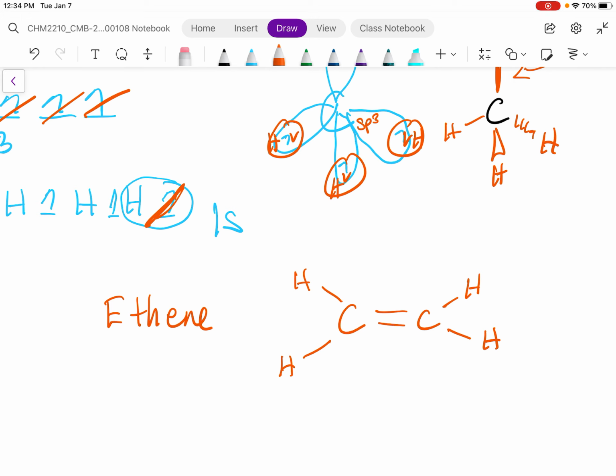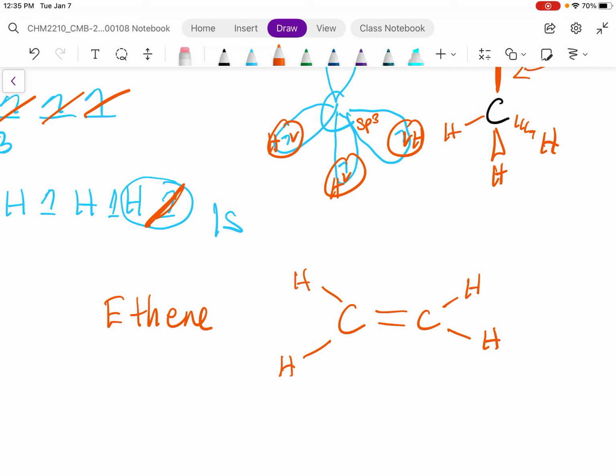So if I draw that, or make that with my model here, that's what we get. Now take a look at the molecular geometry of that molecule. Do you see how it's flat? So there's a name for that. We have trigonal planar.